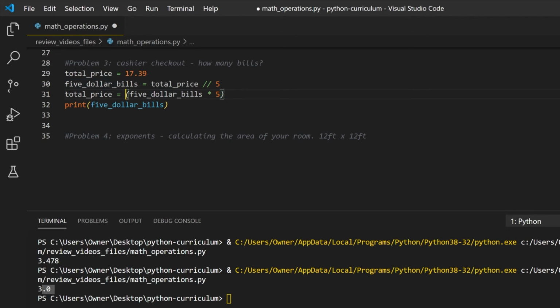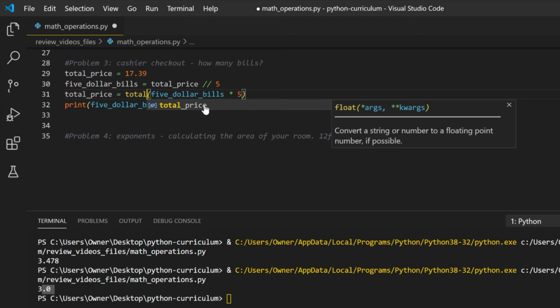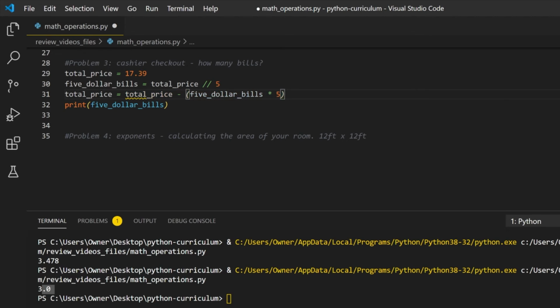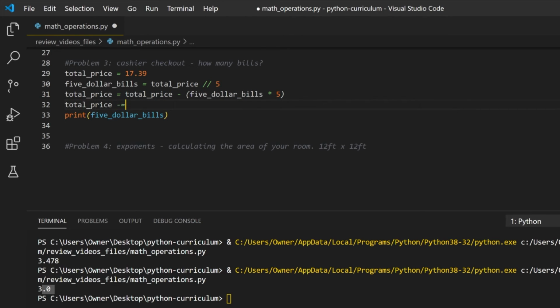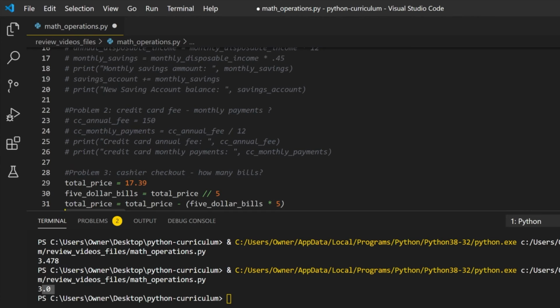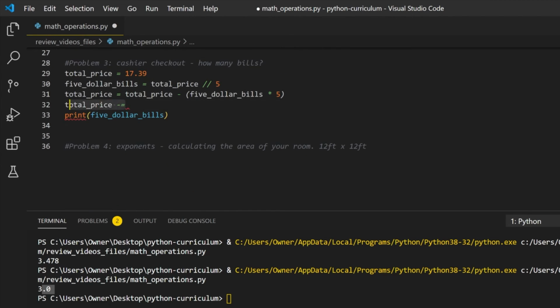And our total price is going to be equal to our original total price minus the amount of $5 bills we're giving the customer. Now again, this could be shorthand by doing minus equal. I'm going to keep it like this for now, but you can do minus equal similarly to how we did plus equal right here on savings account. But I'll keep it like this for now.